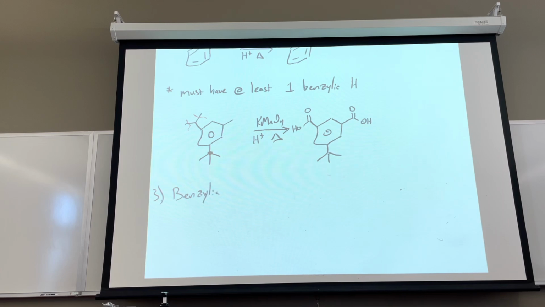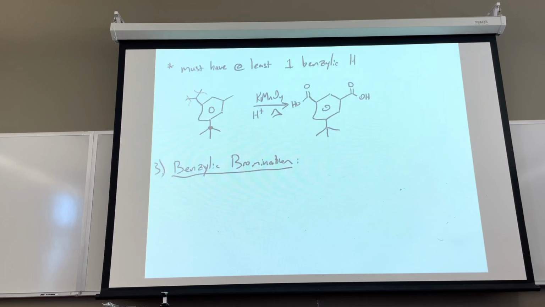And it is benzylic bromination. So if you remember, this is gonna be very similar to something you've already learned, right? Back last semester, you talked probably fairly extensively about the allylic bromination. Well, this is a very related reaction.